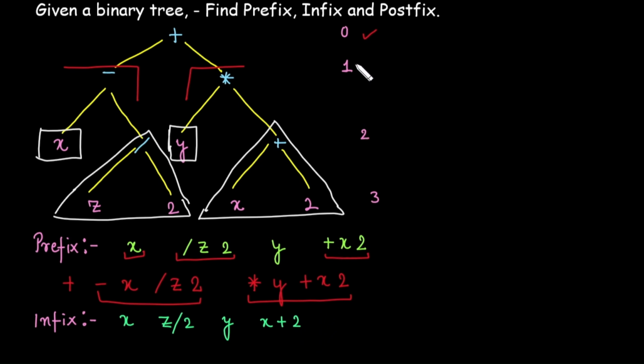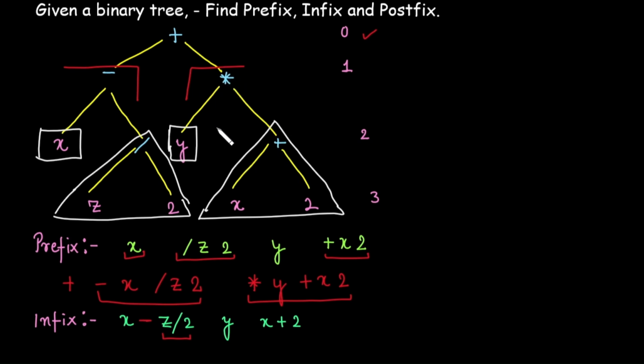Now move one level above. For this subtree, the left child is x, and we have already taken that. Then visit the root, then the right child is here. Then for the right side, we are getting this subtree.